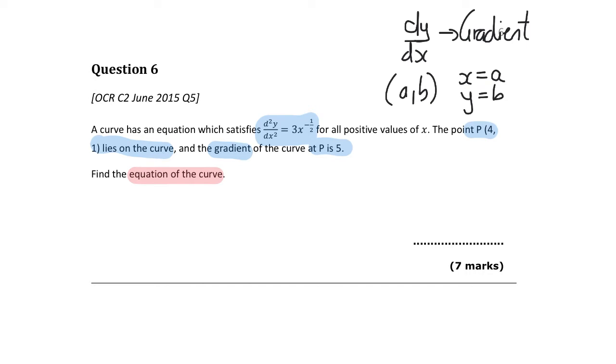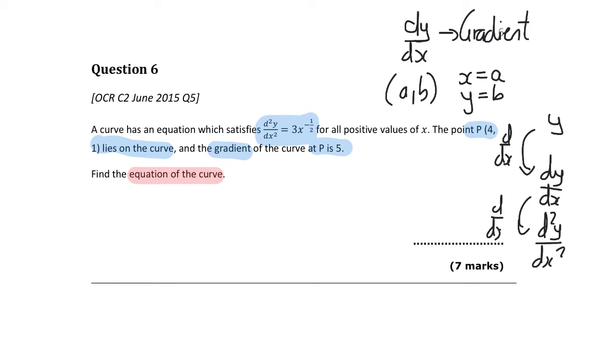And to get from y to dy by dx means I've differentiated, and to get from dy by dx to d2y by dx squared means I've differentiated again. So to go backwards, the inverse of differentiation is integration. So that's our key knowledge.